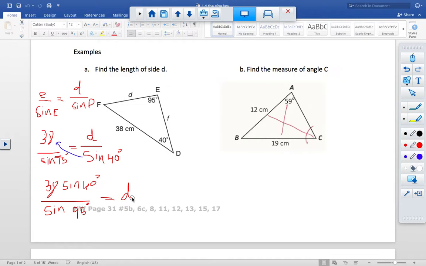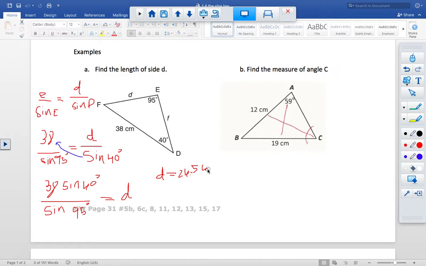Remember, because you're looking for a side, your answer has to be to one decimal place unless the question specifies otherwise. So the answer for this would be 24.5 centimeters. You must include your units, otherwise you will lose marks for that.